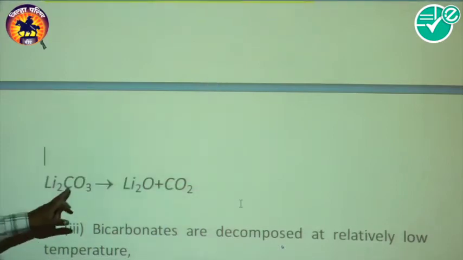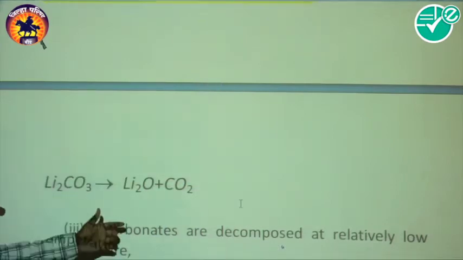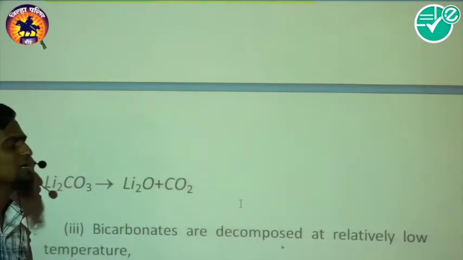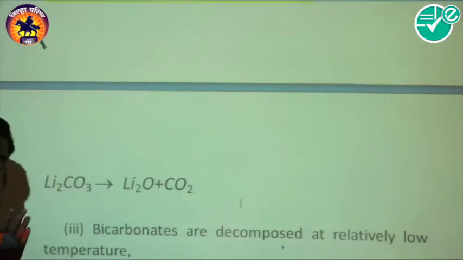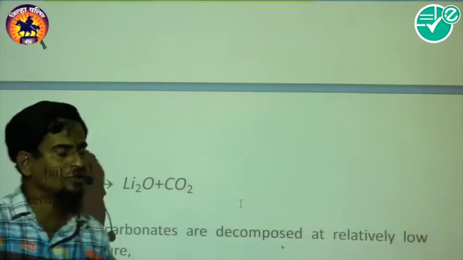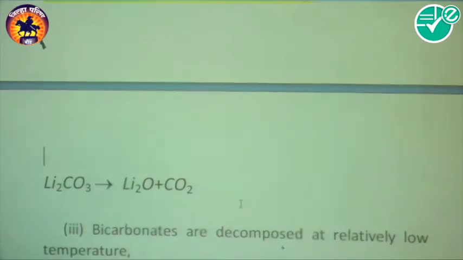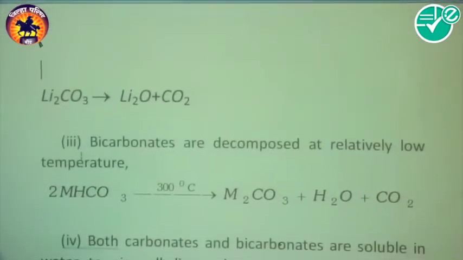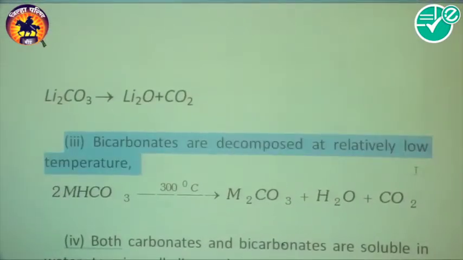Now see, lithium carbonate is least stable, therefore on heating it gets decomposed to lithium oxide and carbon dioxide. But other carbonates are stable. Come to the next. In the same fashion, here it is for bicarbonates.